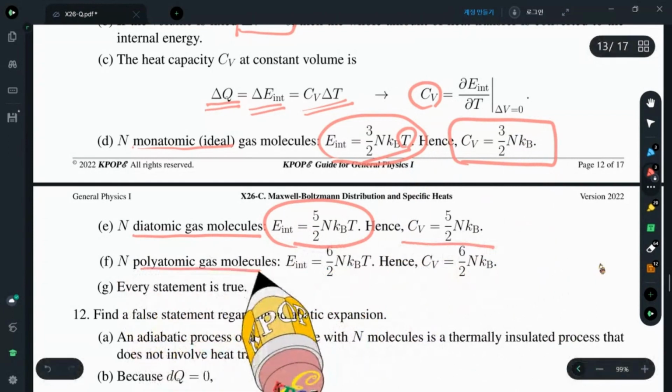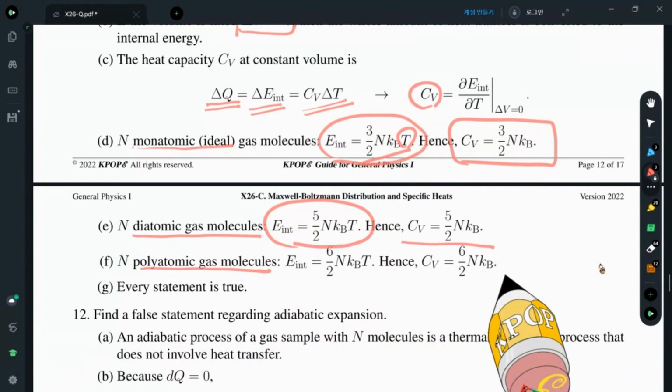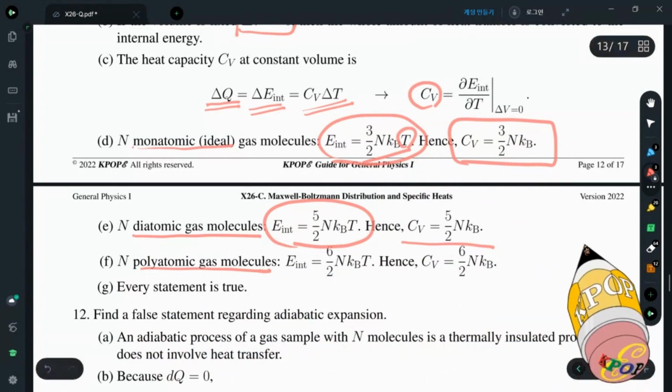For polyatomic gas molecules, it is 3 N kB. All right.